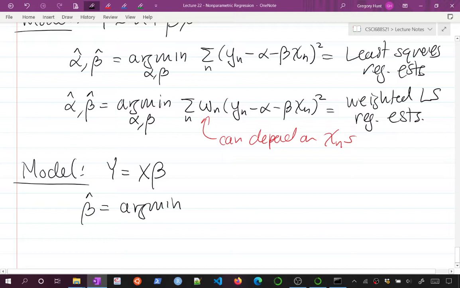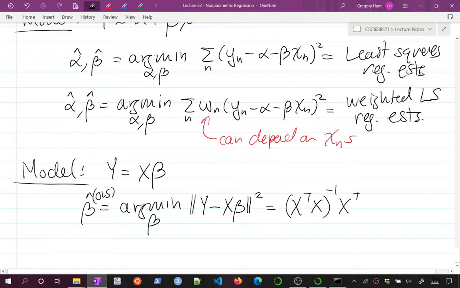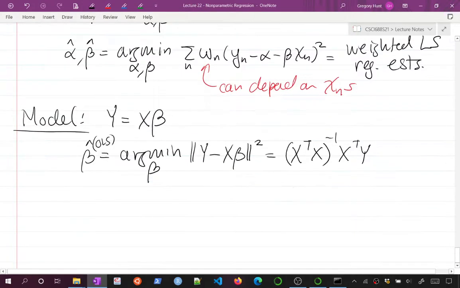We could have a whole bunch of these, right? This is kind of the big boy way of writing it. If I look at this, and of course my loss function is y minus x beta squared, this gives me my OLS, ordinary least squares, regression estimate of beta, right? And we all should know the formula. This is x transpose x inverse x transpose y, right?